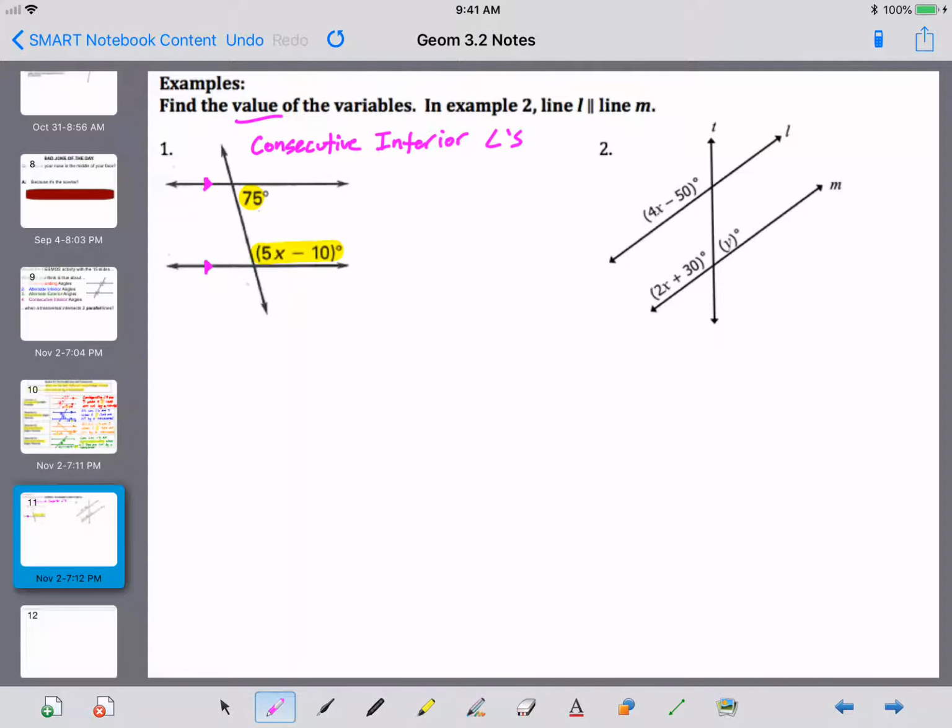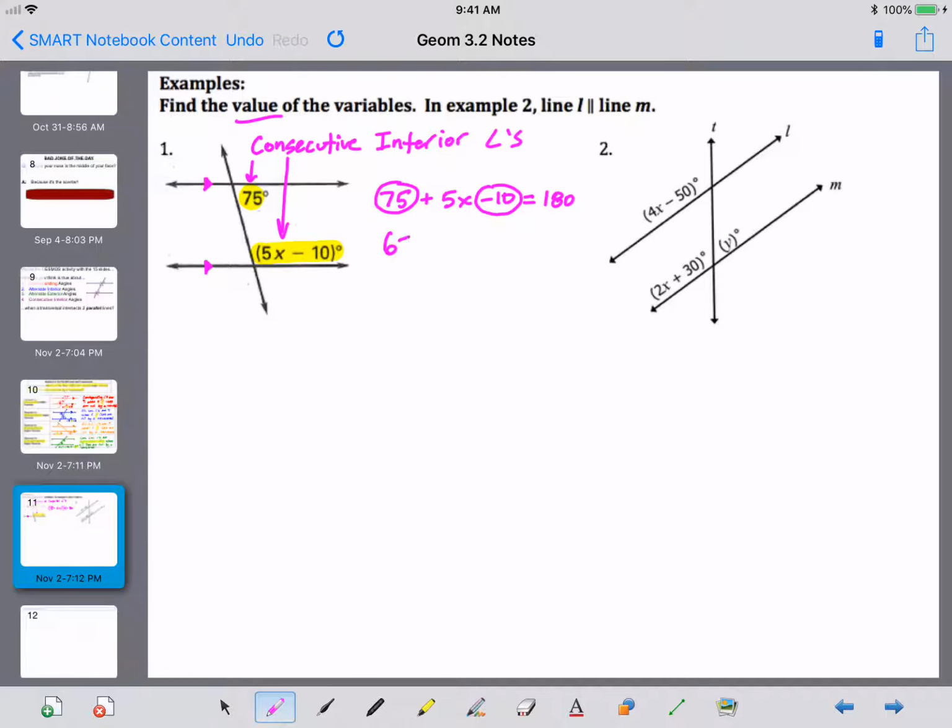So if we have consecutive interior angles in this picture, that means that we're going to have to use that very last theorem that we talked about, that they add up to 180 degrees. So 75 plus 5x minus 10 is going to equal 180. These two are supplementary.